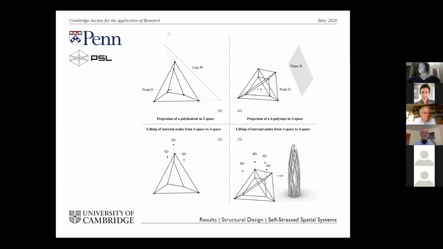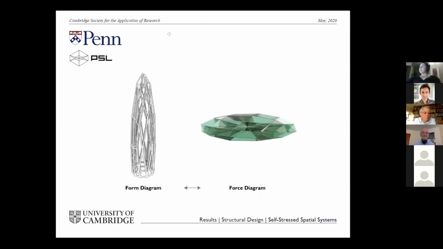Following this construction, we thought we could generalize it one dimension up. If you have a three-dimensional truss, then you can take some of its internal points and lift them up to the fourth dimension to make a four-dimensional polytopic stress function in this case, which we can map to its reciprocal, then project down again, as we saw at the beginning, to obtain a force diagram.